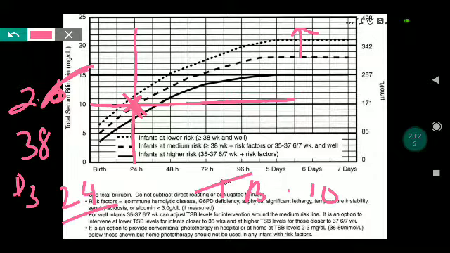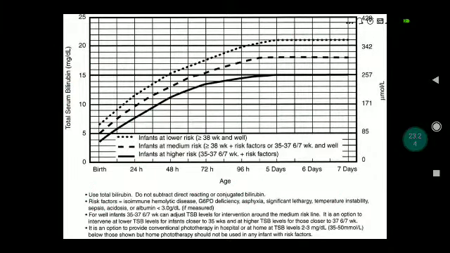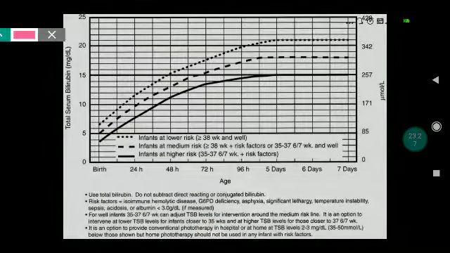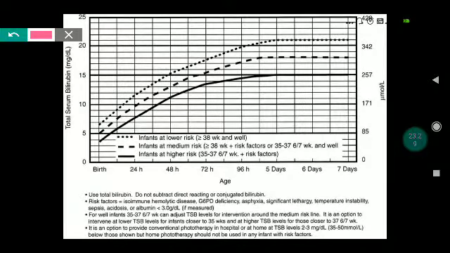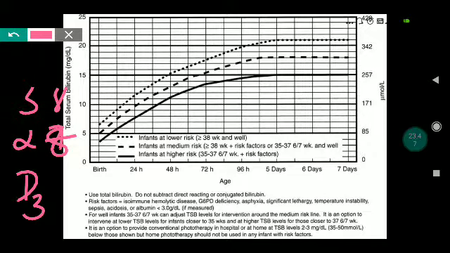Now, the same baby we will consider on day 3. So the same baby did not require any intervention earlier. On day 3, we will consider the same baby of 38-week gestation. Today, on day 3, the baby weighs 2.8 kgs. At birth, it was 2.5, gaining weight well. And because it is day 3, we have repeated the bilirubin level because the baby is still icteric, and it appears to be 15 on day 3.